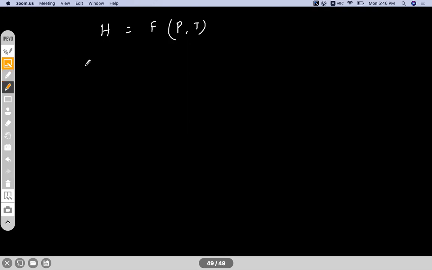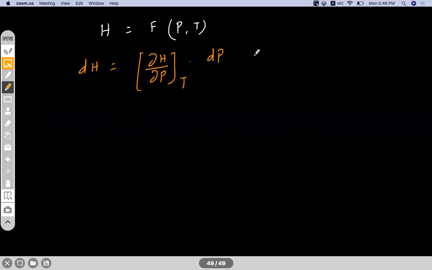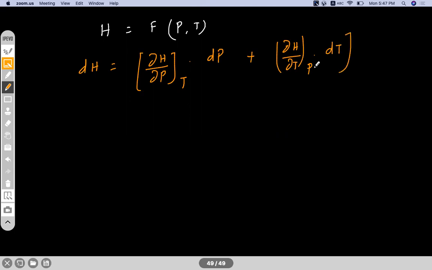So by Euler's theorem, what we can write, dH is equal to ∂H/∂P at constant T, differentiation with respect to one variable keeping the other constant, into dP, plus ∂H/∂T keeping P constant into dT. This is the formula we have, correct? Now, ∂H/∂T at constant pressure is Cp.